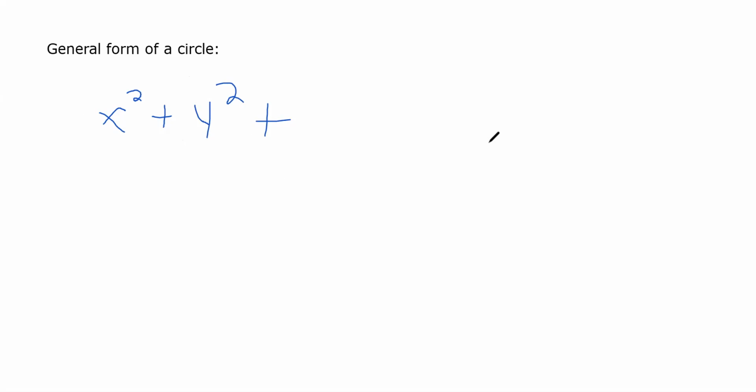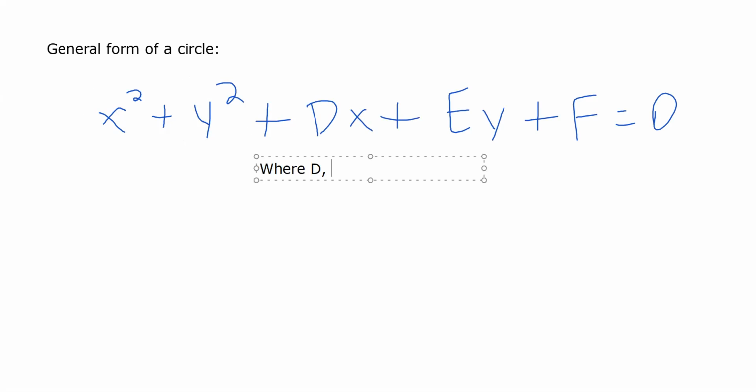But then there could be some fancy business with plus Dx plus Ey plus F. This is the more general form of an equation where D, E, and F are real numbers.